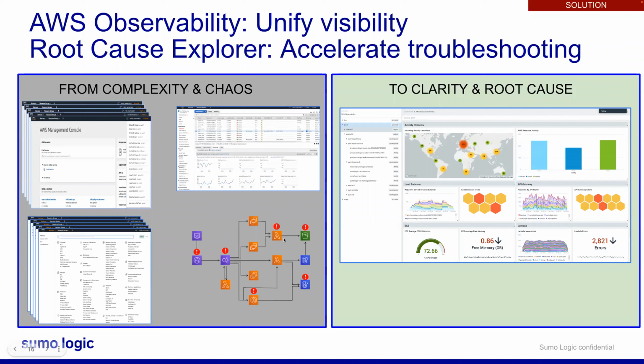Well, fortunately, from the complexity and chaos of AWS account management comes the clarity and root cause of Sumo Logic. And so what we're able to do is take all those different data silos, those different accounts, those different regions, those different services, pump them into Sumo Logic and view them in Sumo Logic in pretty dashboards.